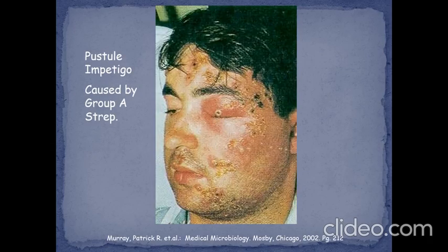The next localized infection we'll talk about is pustule impetigo. Pustule impetigo is caused most of the time by group A streptococcus. And remember, group A streptococcus can cause another type of impetigo. Do you remember what that one is?